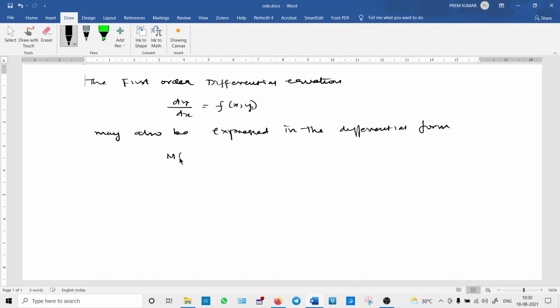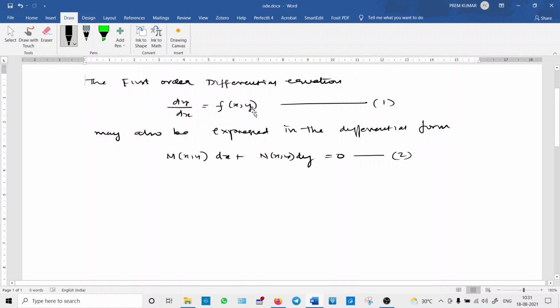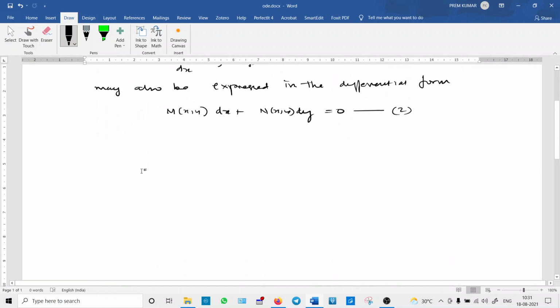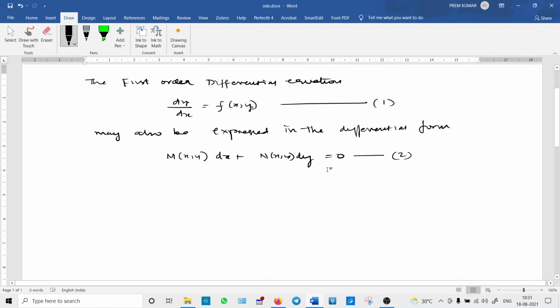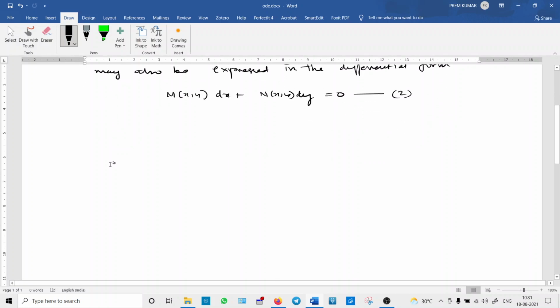It will be like this. Suppose M is a function of x and y into dx plus N, which is a function of x and y, into dy equals 0. We call this second equation the differential form of the given ordinary differential equation given by 1. Any differential equation of first order we can write like this in the differential form.